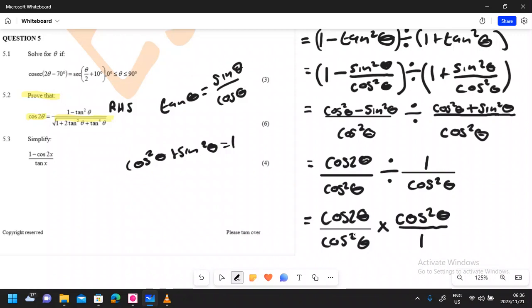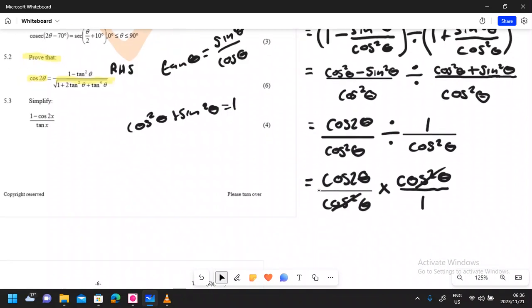Since we have multiplication, cos squared theta and cos squared theta divide and give you 1, and then we multiply that 1 with cos 2 theta.